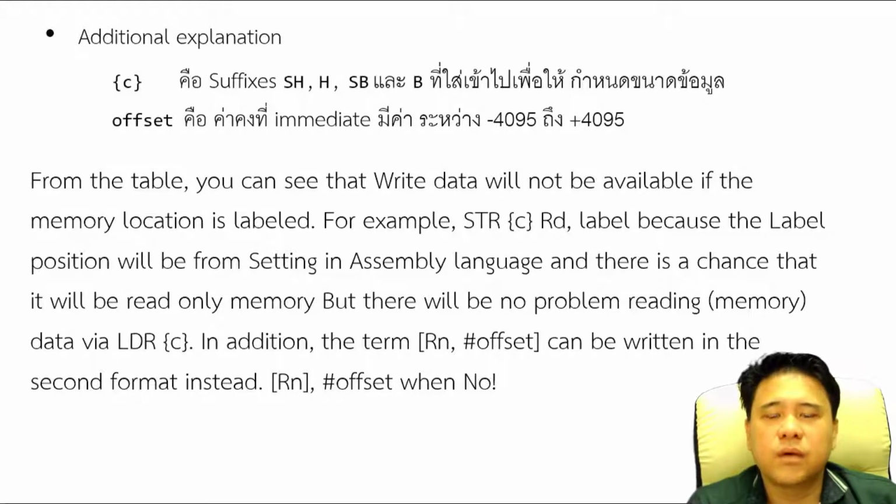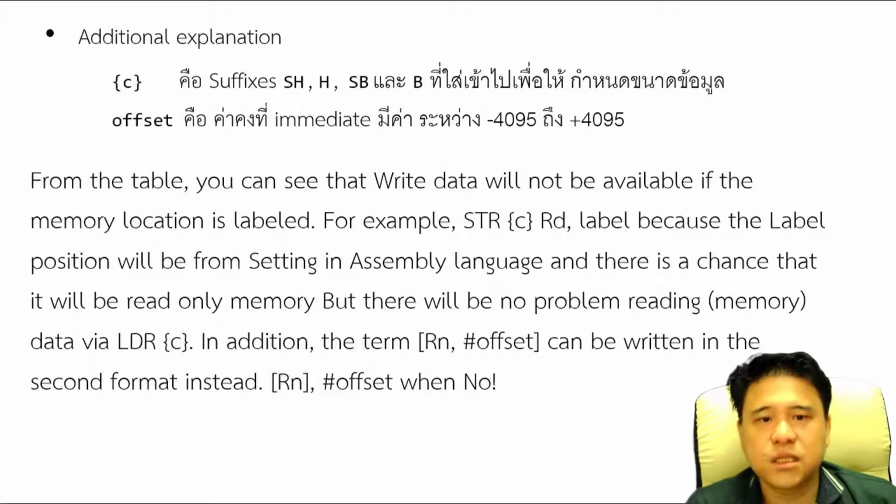I would like to explain one more thing about the offset. The offset is an immediate, right? And you have the Rn as a pointer that points to the specific location. It means that you need 4 bits to specify the Rn value. Then the offset is an immediate, and this immediate can only be 12 bits.